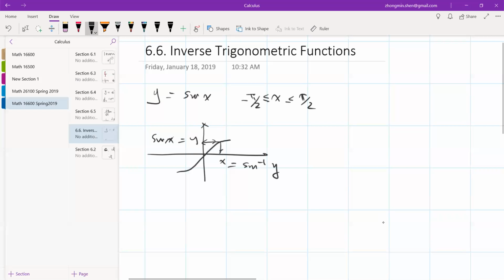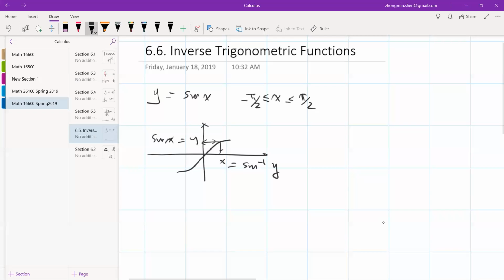I cannot express x in terms of y using elementary functions, so I have to create a new symbol. If it's f, then f to the -1 is going to be the inverse function. So this is the inverse function, and we try to understand it.